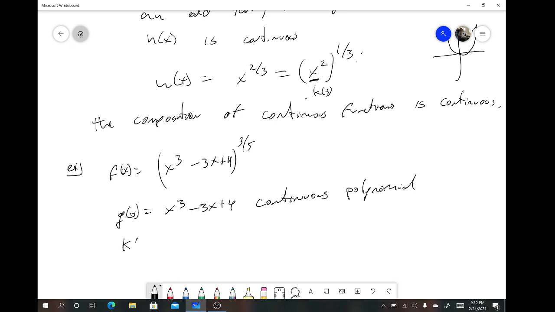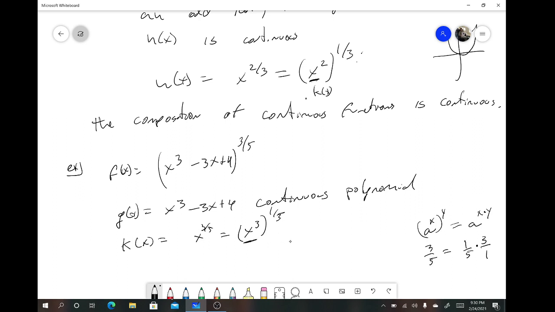The outer function I'll call k of x is x to the 3/5, which is the same thing as x cubed to the power 1/5. This is by the rules of exponents. The rules of exponents say that if you have a to the power x, raised to the power y, that is the same thing as a to the x times y. And remember, 3/5 is the same thing as 1/5 times 3. So I'm simply rewriting this.